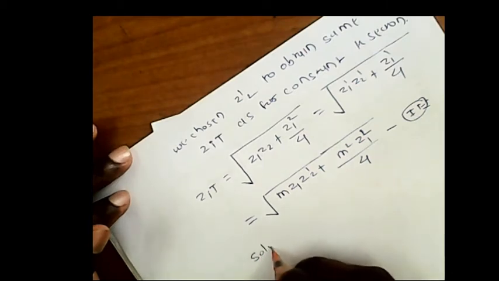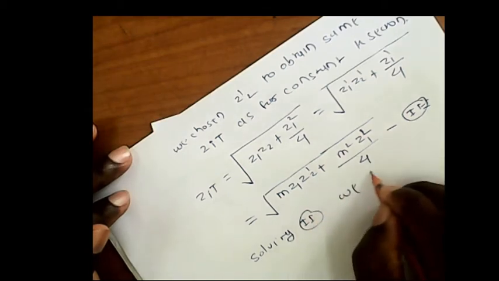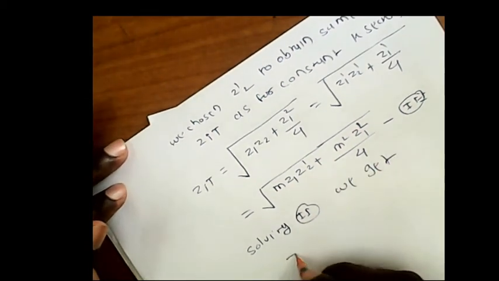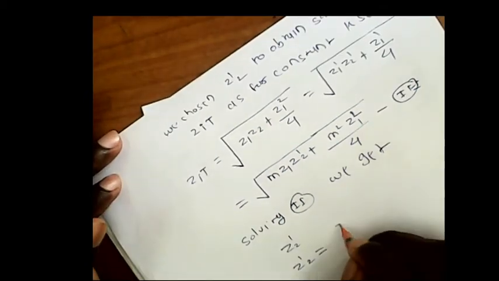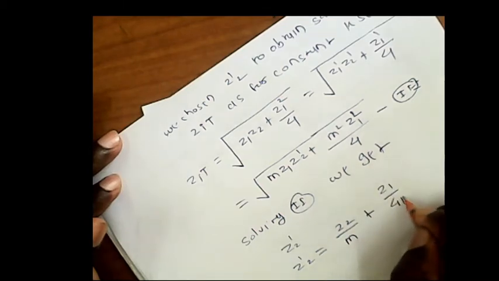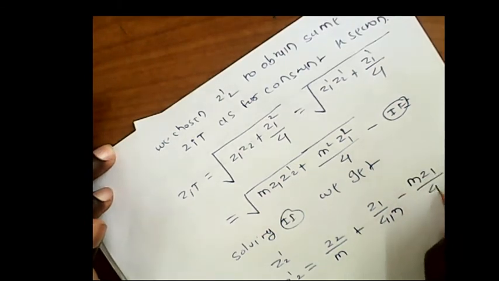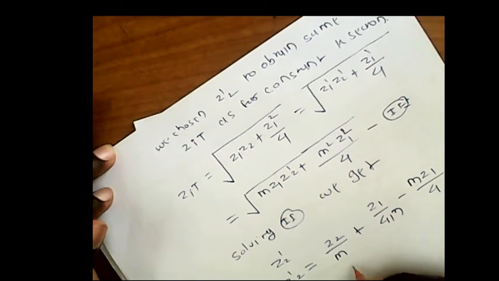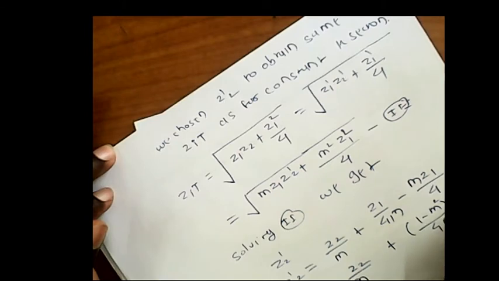By solving equation number 2, we get the value of Z2 dash. So Z2 dash is equal to Z2 divided by m, plus (1 minus m square) divided by 4m into Z1.